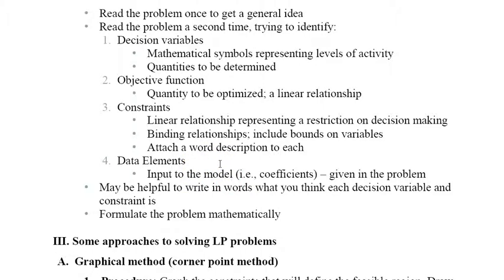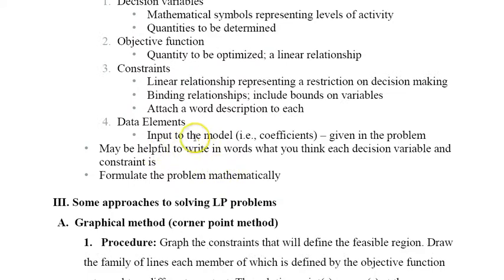It would be helpful to attach a word description for each constraint. What does it do? This constraint is basically the first plant constraint, or puts a restriction on the resource of the plant you cannot exceed, and so on, like the problem we had. The data elements are the inputs, the coefficients of the variables. The right hand side, these are the resources available, B1, B2, B3, B4, and so on.